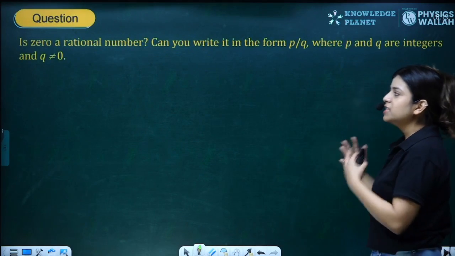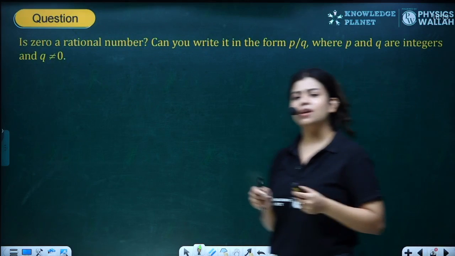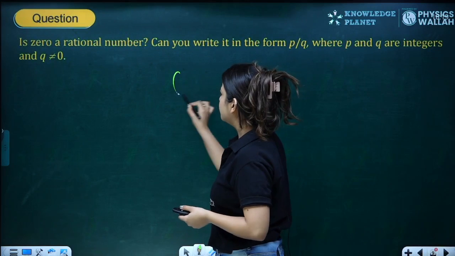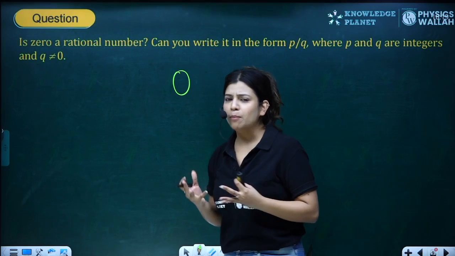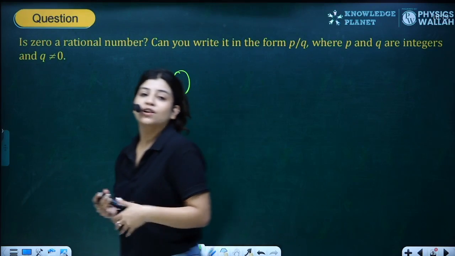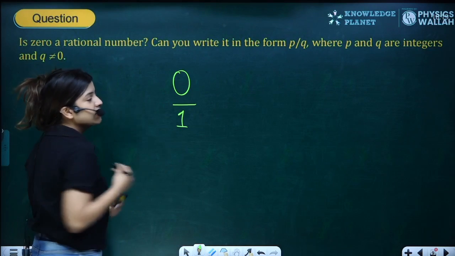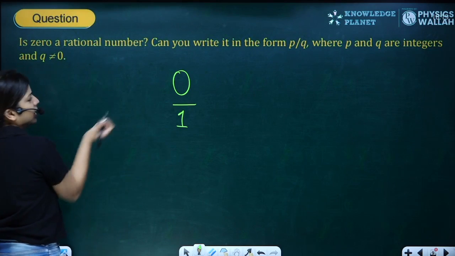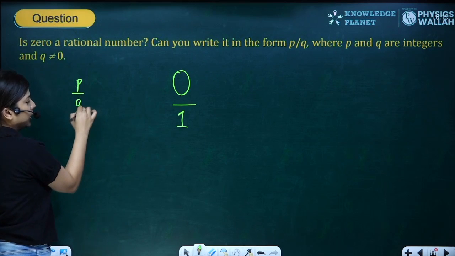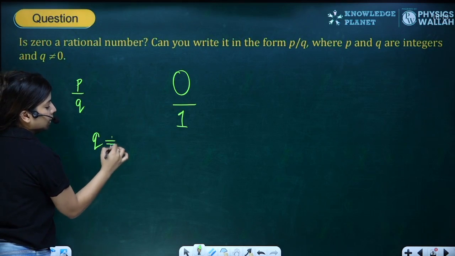Alright, the next question says, is 0 a rational number? Now it's a complication because some students say that we cannot write 0 as 0 by 1. But why not? We can write 0 as 0 by 1. We only needed the number to be of the form p by q with q not equal to 0.